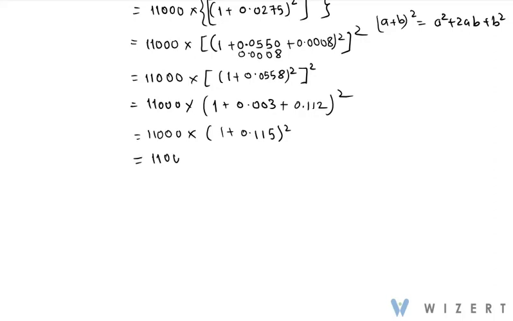So 11,000 multiplied by 1 square is 1 plus, let's find 0.115 square. Again we use the property where any number which has 5 in its units place, its square will be as follows: 5 5s are 25 and 11 into 12 is 132. 12 ones are 12, 12 ones are 12 plus 1 is 13, so 132.